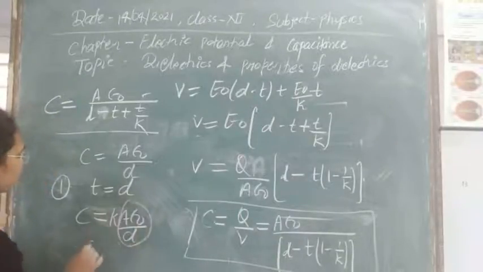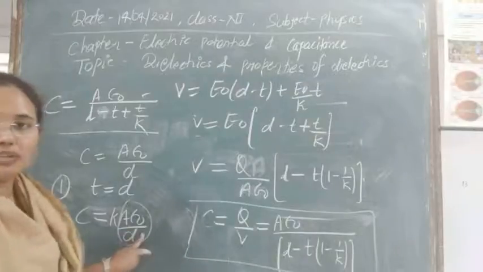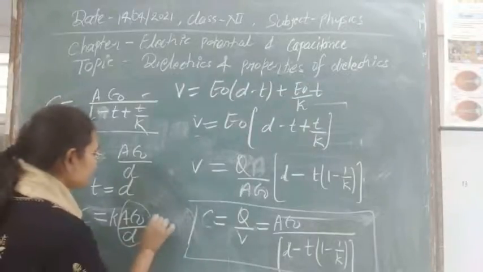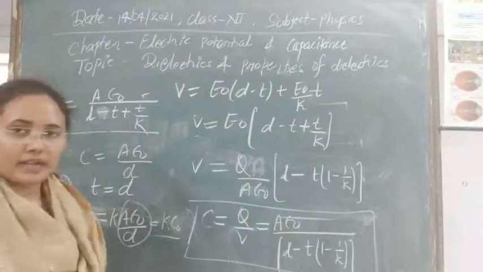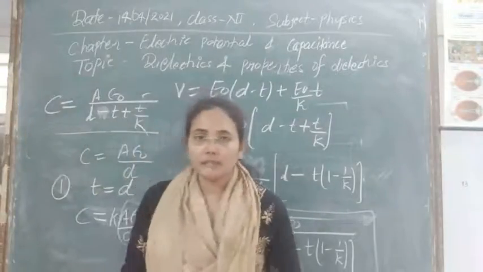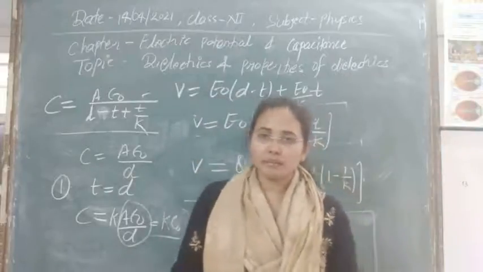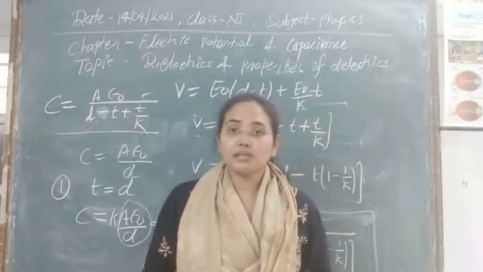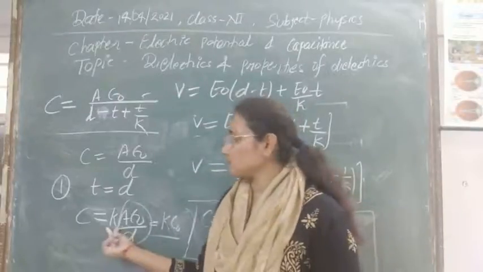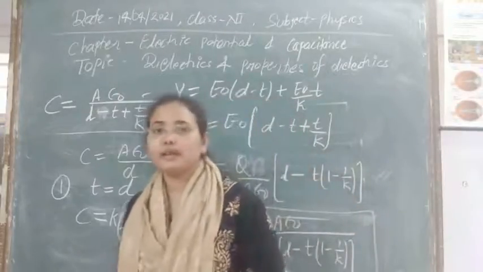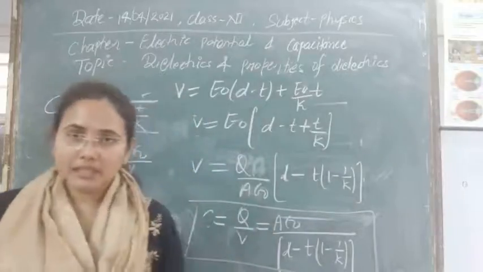So this is the capacity of the parallel plate capacitor that we calculated before. It means that if any dielectric medium of dielectric constant K fills the space between the plates, with the same thickness as the distance between the plates, then its capacity increases by K times, the dielectric constant of the medium we have used.